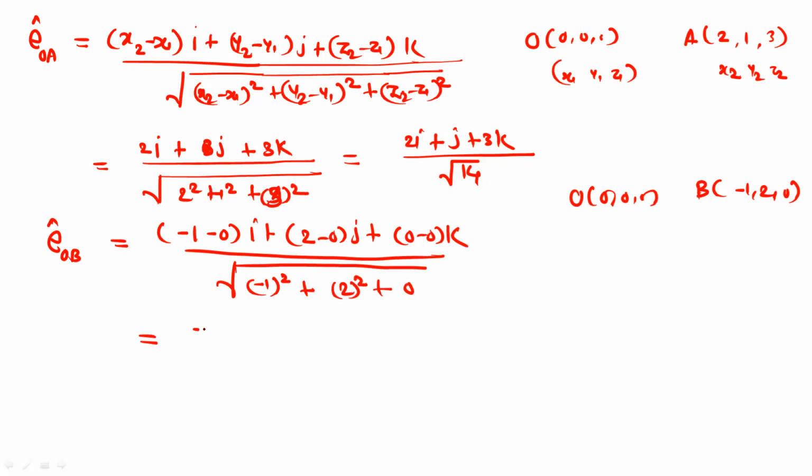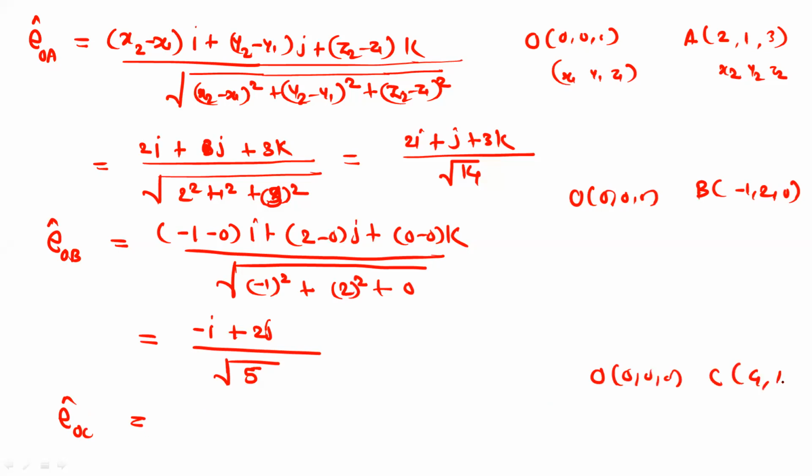So the vector will be -i plus 2j plus 0, divided by square root 5. And the third vector OC bar is equal to, so C is (4, -1, 5).